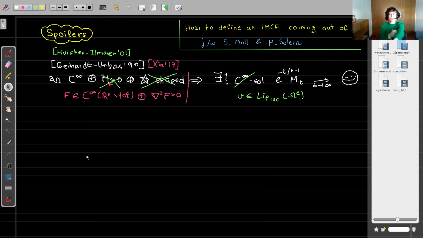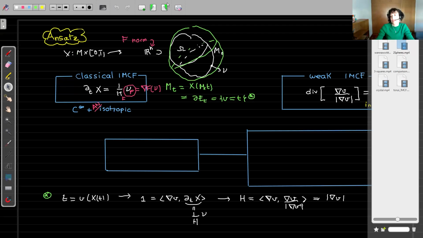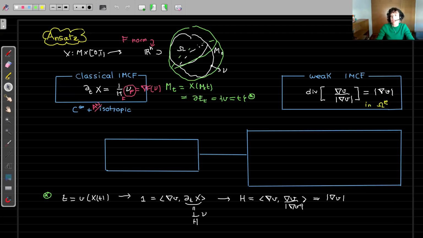Now that we are talking about crystals, we have to wonder if this Huisken and Ilmanen result has a counterpart in the anisotropic setting, and the answer is yes. You only have to modify this equation accordingly. So instead of gradient of B, you will have the gradient of F acting on this, and this gets removed.